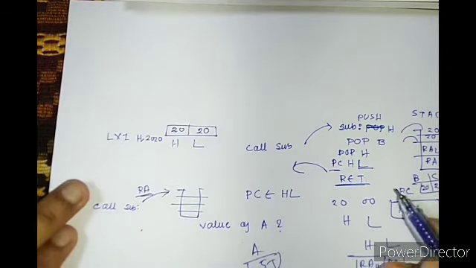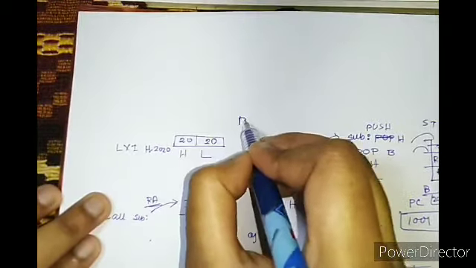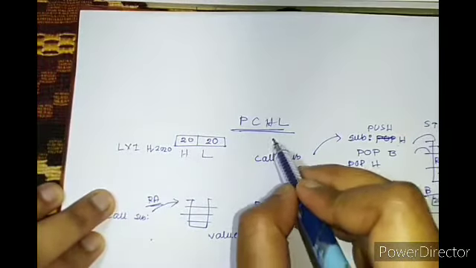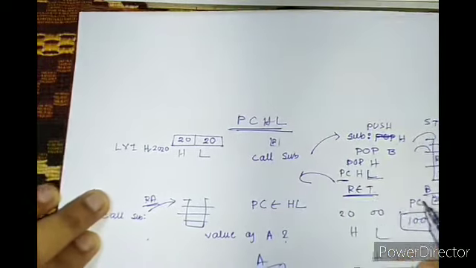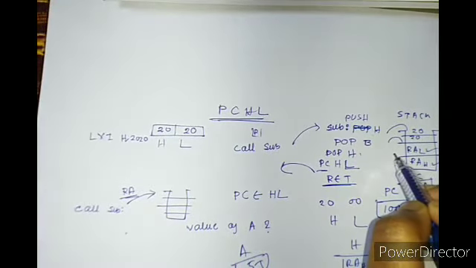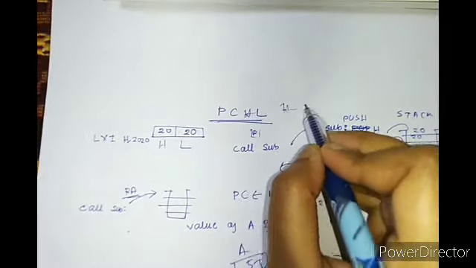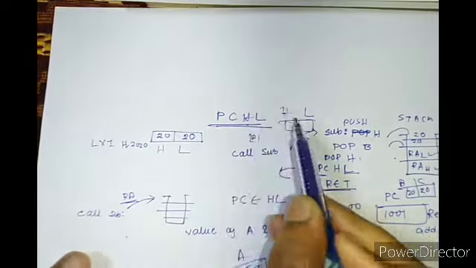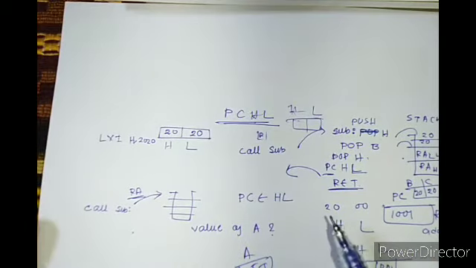So to recover my return address, the PCHL instruction is the best. You just have to do this POP H operation, then you will get back your return address in HL, and after doing PCHL, we will get back to the return address.